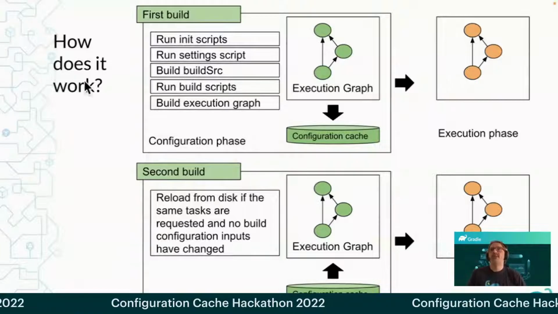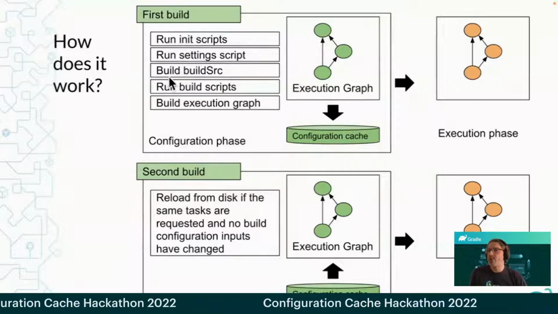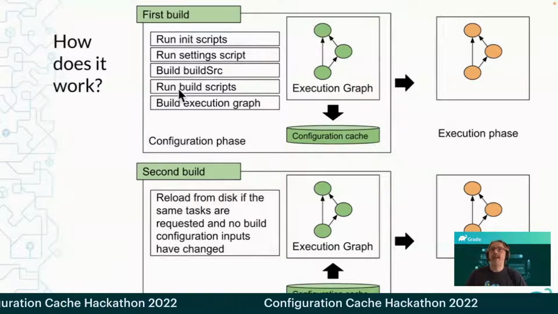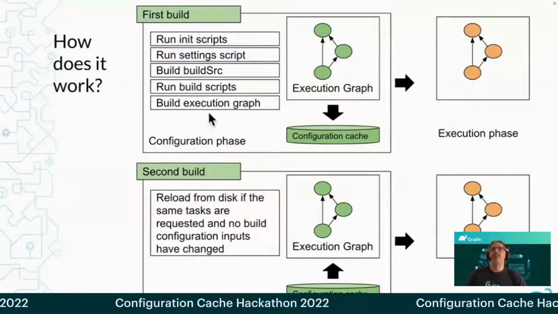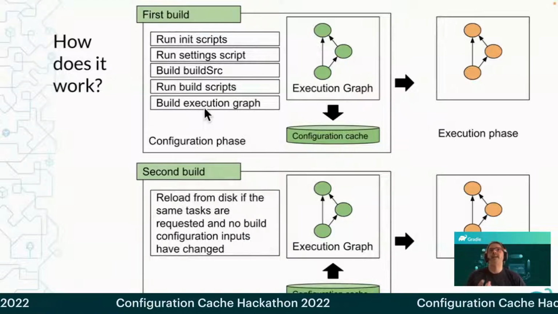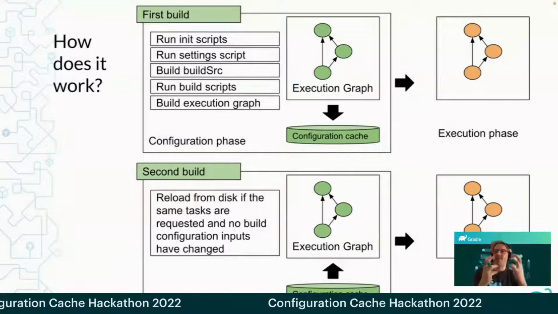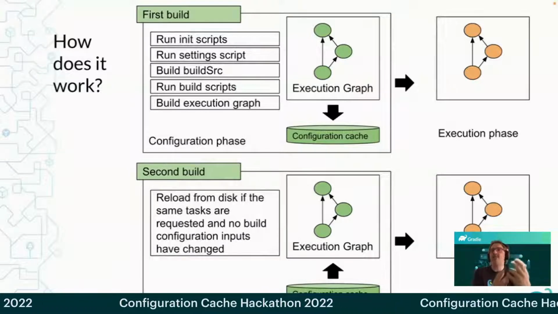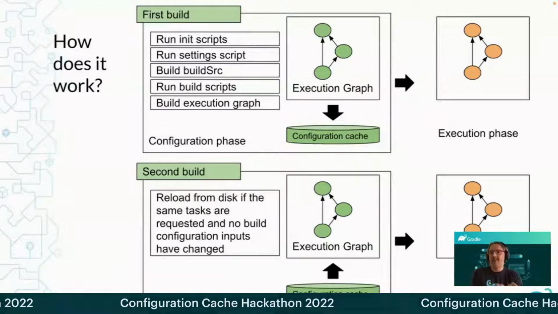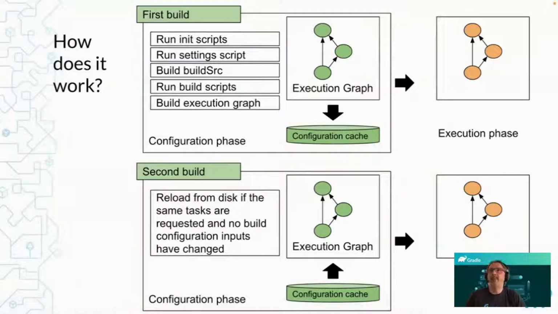Then it builds the buildSrc project if present, or any build logic that you might have in your build. And then finally it runs the build scripts and builds what we call the execution graph or the work graph, right? And that's the graph that represents the tasks that actually need to execute to fulfill the request that you posted to the command line.